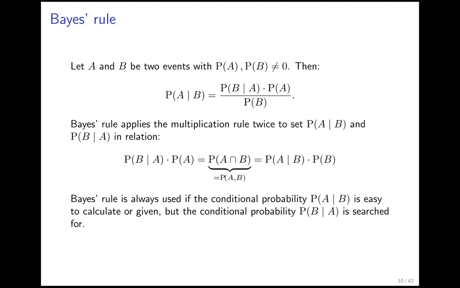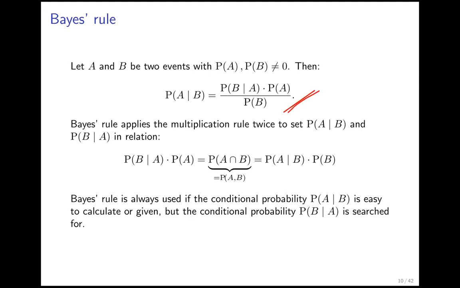However, it's much easier to calculate the probability that the marble is blue given that it came from the first box. And that's when you might want to turn around these probabilities. But of course you can't just flip them around and it's exactly the same. But they are related. And Bayes' rule or Bayes' formula tells you exactly how this works.